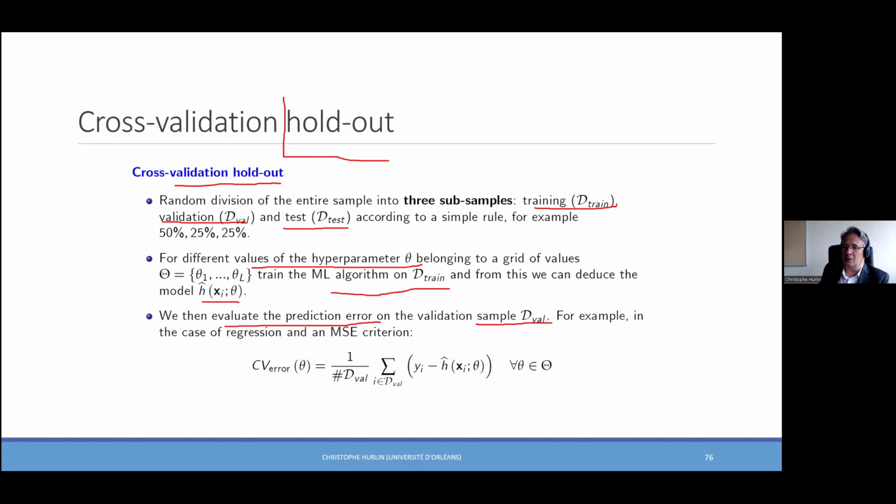So this is for all the observations of the validation sample, the difference, for instance, if this is MSE, between the true value of Y and the predicted outcome of my model. This gives me what we call the cross-validation error. It can be the MSE, the R square, what you want, okay? The cross-validation error, but it depends on the value of theta.